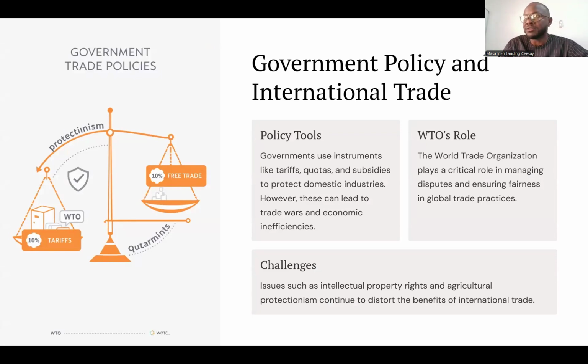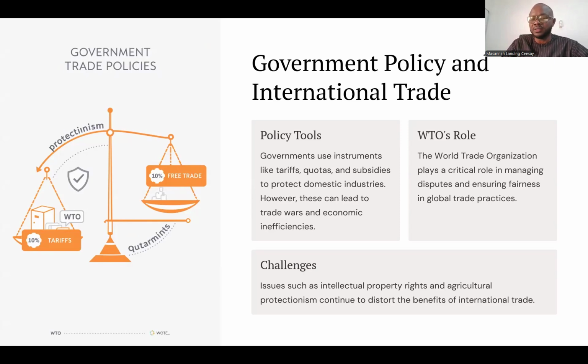Some of the tools available to governments to navigate this difficult terrain are tariffs and quotas, to control what goods come into the country. Another way of protecting domestic industries is by subsidizing them so that they can get to maturity stage as quickly as possible, and then be able to compete with their peers from other countries. So that's what government usually does.